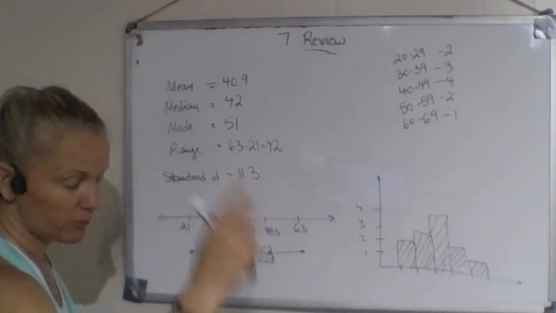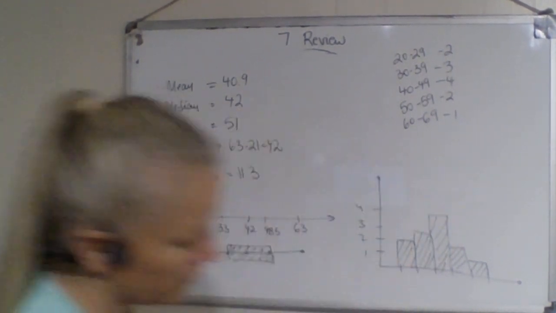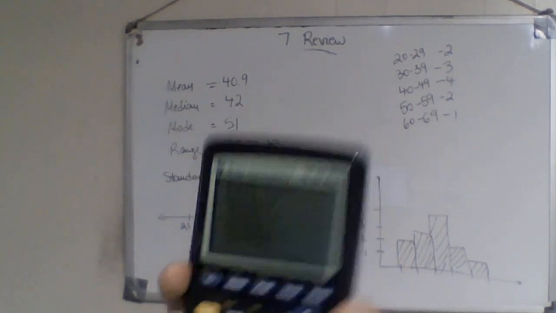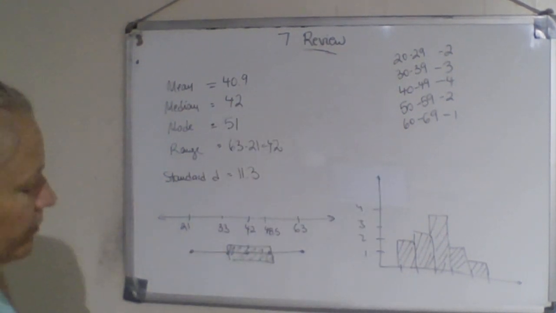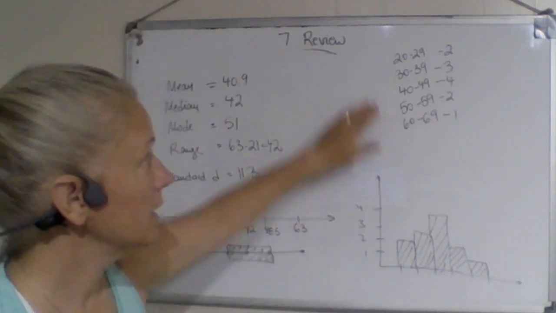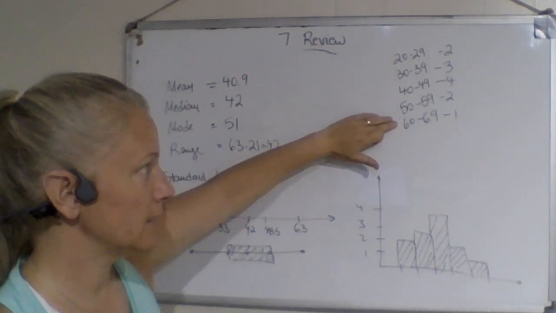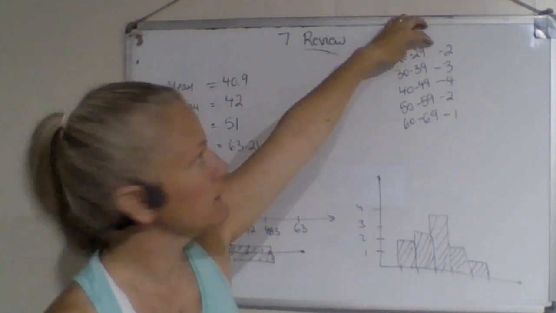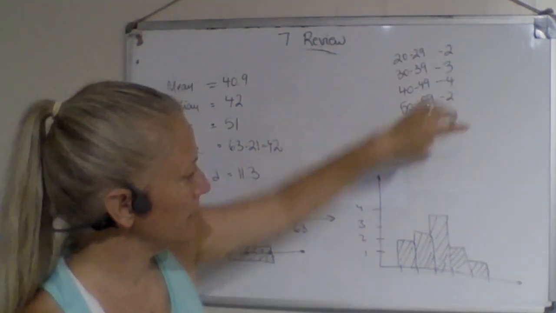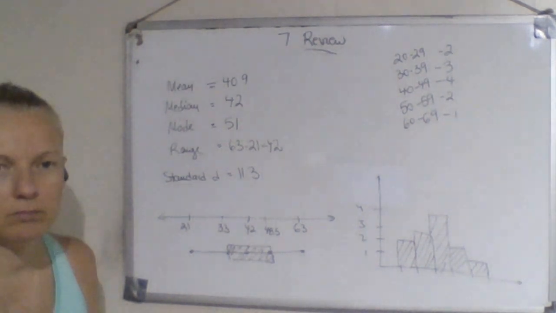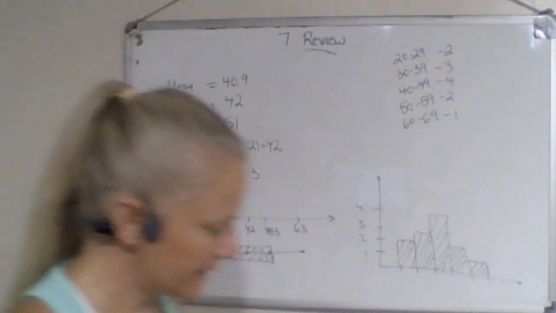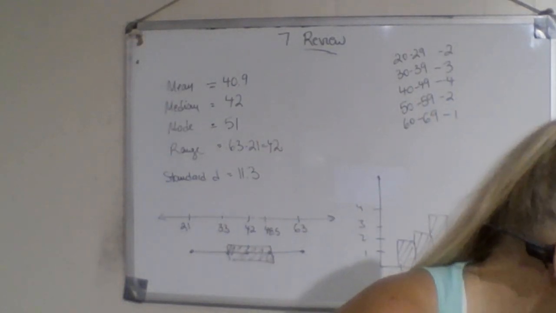All of those come from down here in your list. And then we just draw the thing. And then we did 20 to 29, 30 to 39, 40 to 49, 50 to 59, 60 to 69. The frequency is 2, 3, 4, 2, 1, and we graph accordingly. And this kind of ends the review of chapter 7.